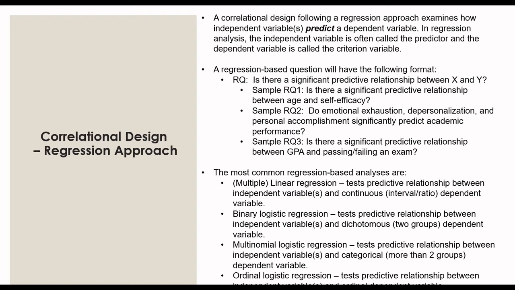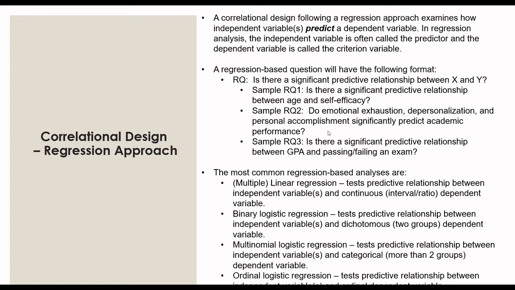And finally, we have an example here. Is there a significant predictive relationship between GPA and passing or failing a particular exam? Okay, so those are the three most common formats I've seen for listing predictive regression-based questions.